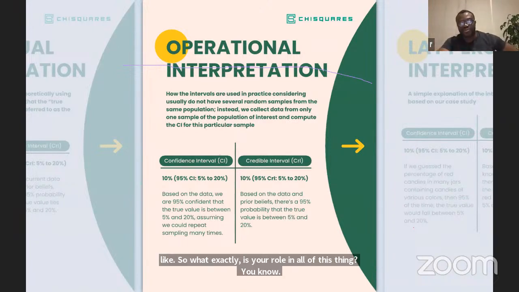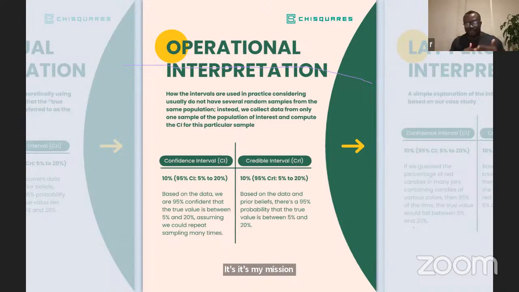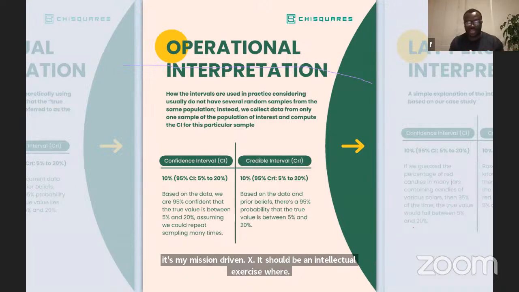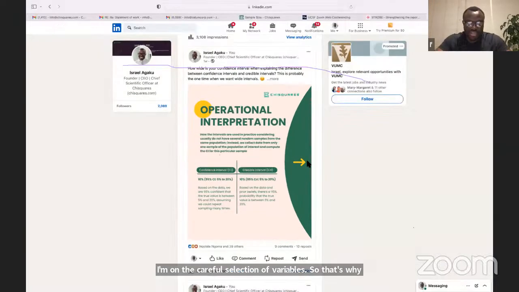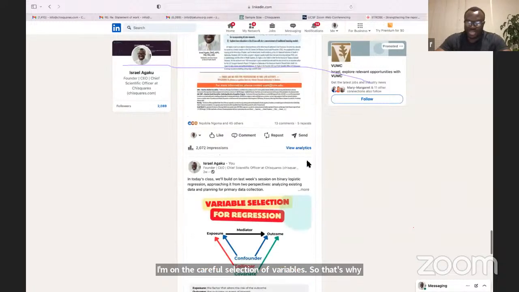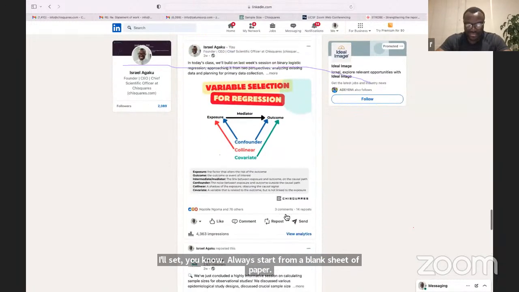It should be an intellectual exercise where I am trying to explain the world, and from my expert knowledge, here are things that should be considered, for example, as confounders or as covariates, right? Model building should be based on a solid understanding of the subject matter and on a careful selection of variables. That's why I said, always start from a blank sheet of paper. Always start from DAGs. You have to understand DAGs, right?